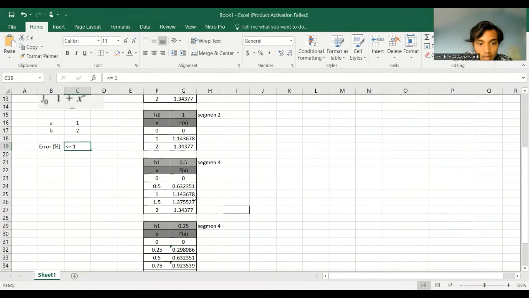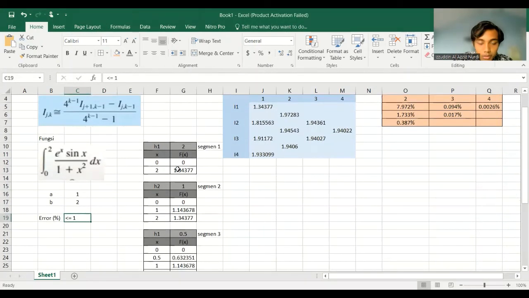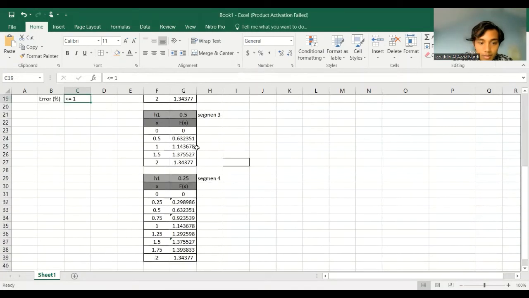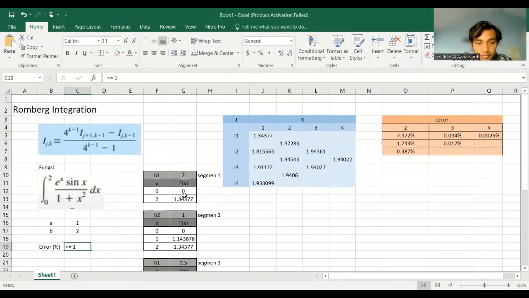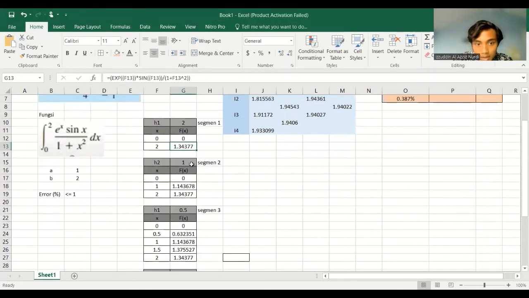Actually, we can use more segments or steps, and I'm using steps right here. And this is the value of the function, and you can see it the other way around as well.